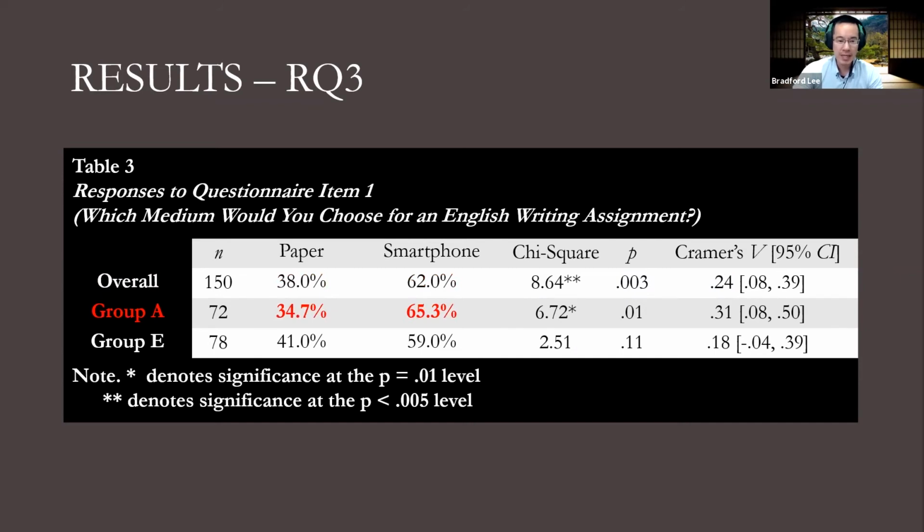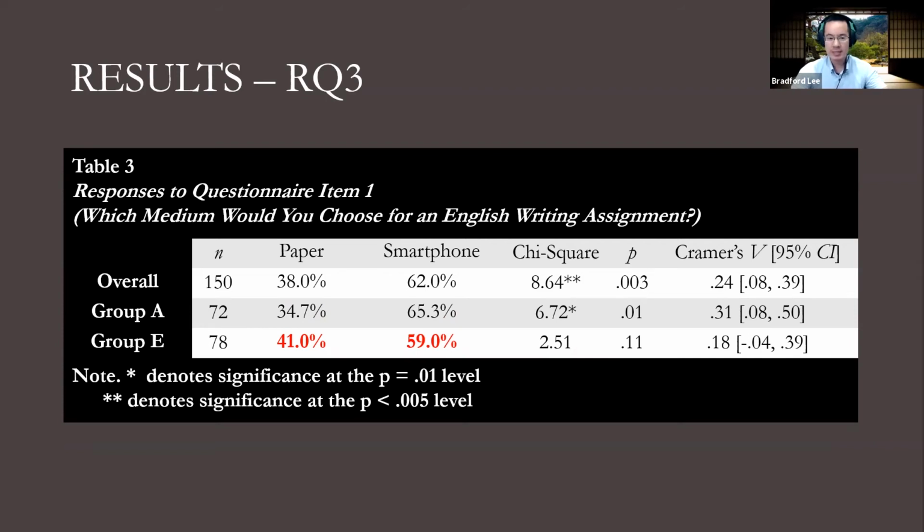But looking at the individual group dynamics, Group A was 34.7% paper, 65.3% smartphone. This is also statistically significant. But Group E was less than the average, so only 59% of them said that they would still choose a smartphone.